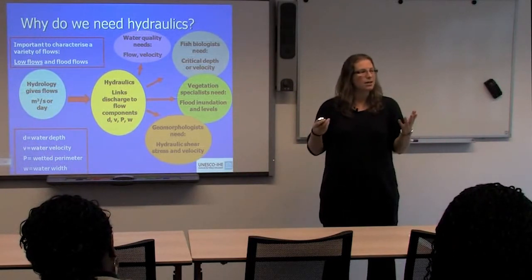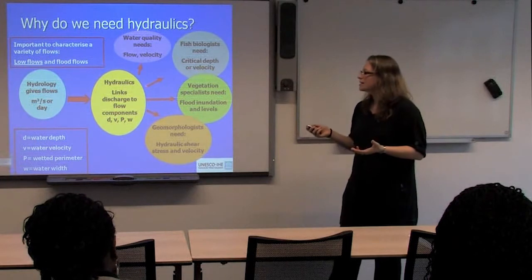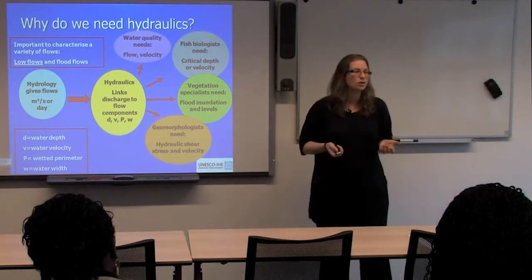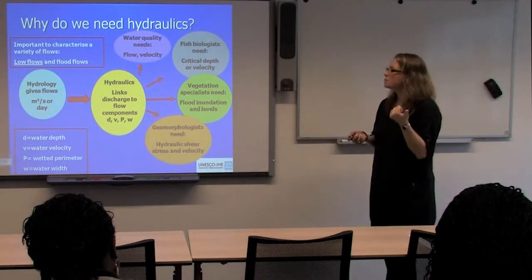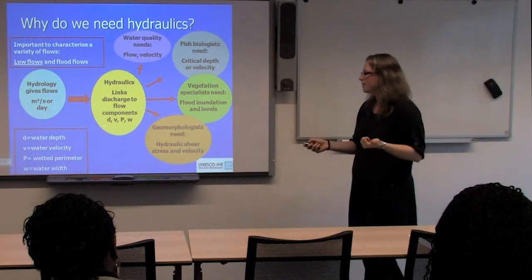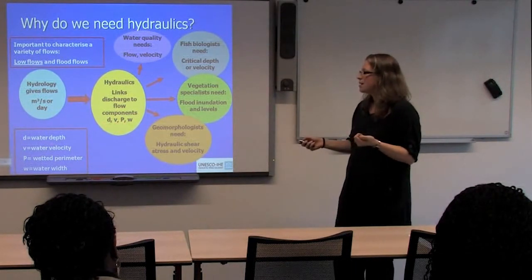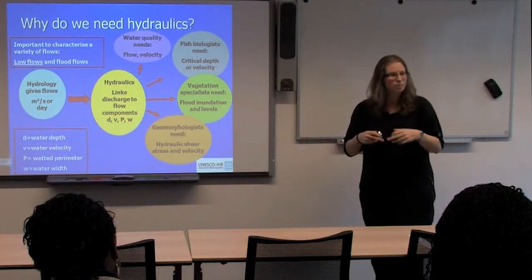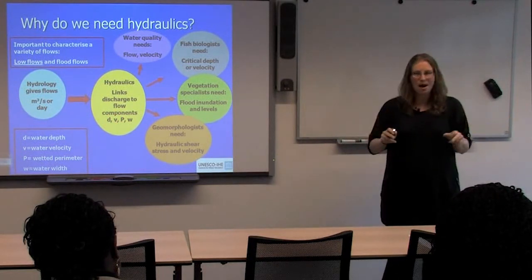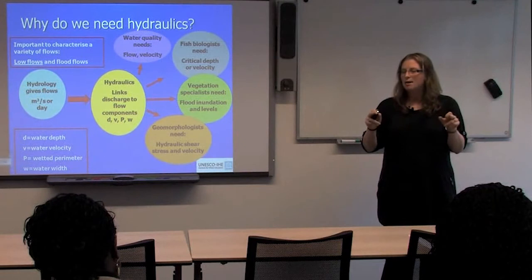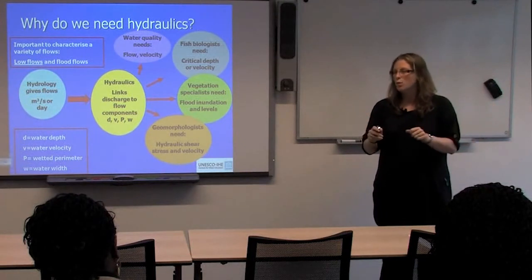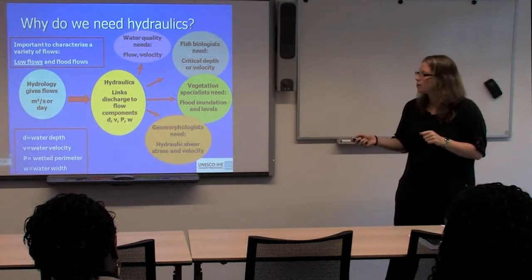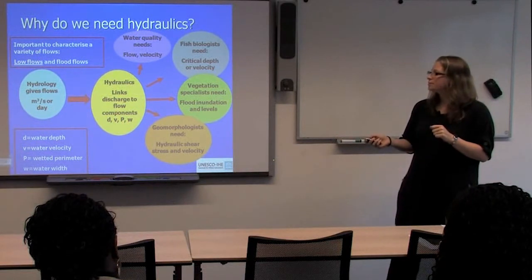You can take that, and with the use of hydraulics, it can give us the components: depth, D, velocity, V, wetted perimeter, P, which is the amount of cross-section that is wet, and the width, W, the water width.